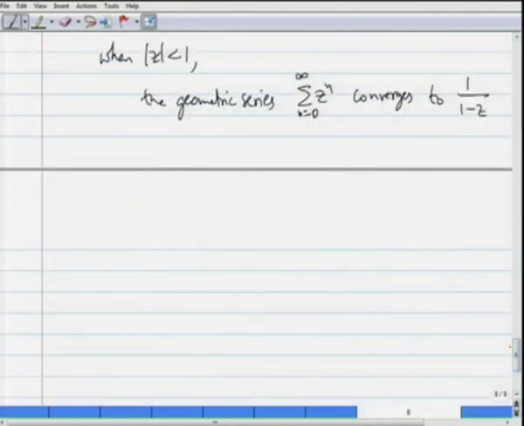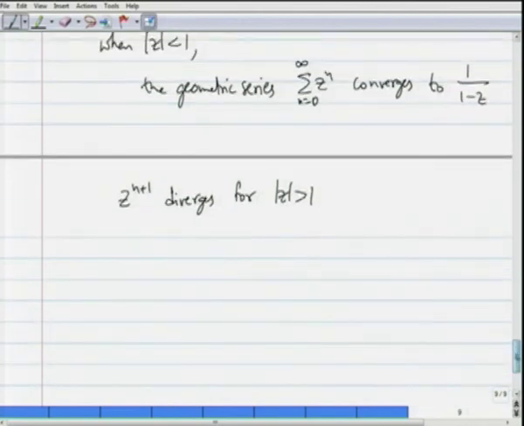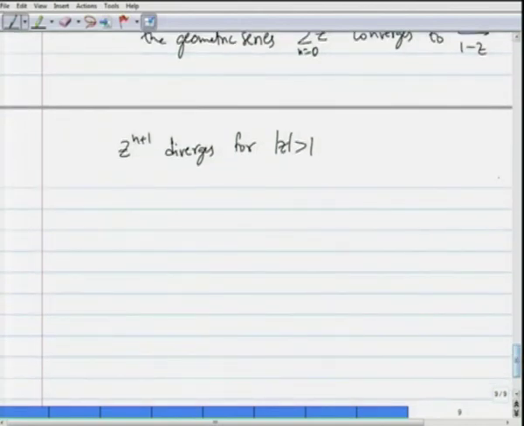Also, sigma z power n diverges for mod z greater than 1. And we know that, yeah. So, in summary, sigma z power n has two kinds of behavior.